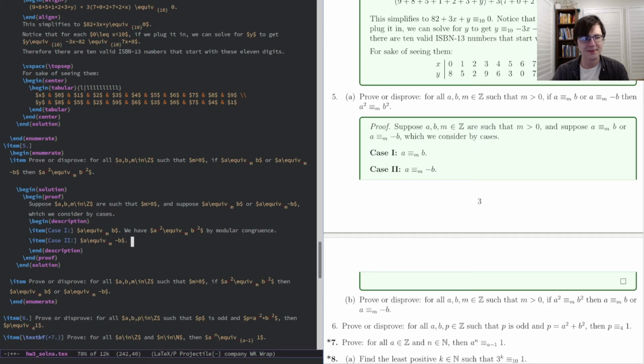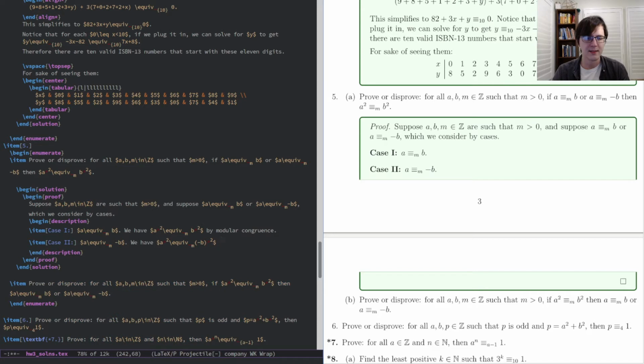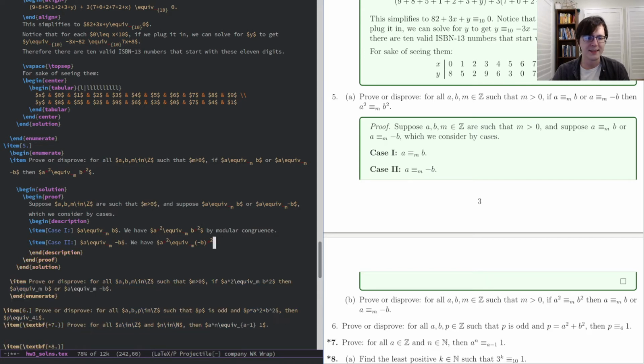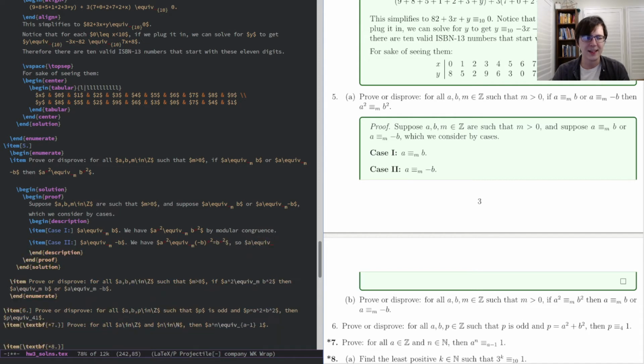Let's say that. Okay, so we have a squared is equivalent to minus b squared by substituting by modular congruence, and that's equivalent to minus 1 squared, well, the thing is, minus b is just equal.